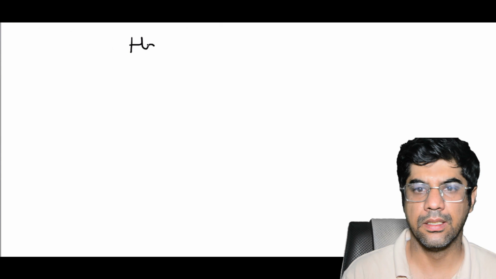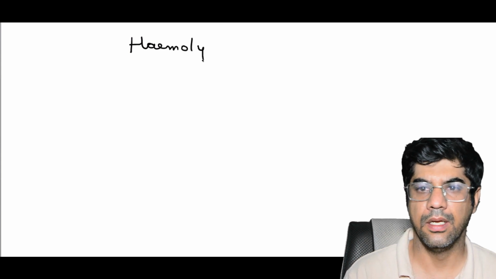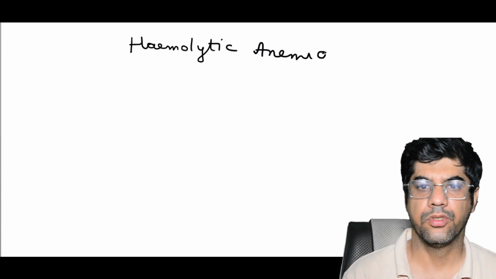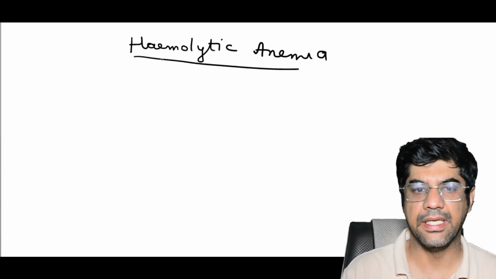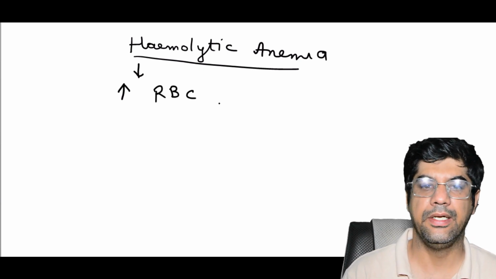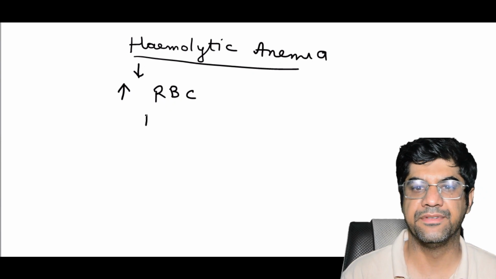Next, we are going to discuss hemolytic anemia. It is a condition where you will see there is accelerated destruction of RBC that leads to their decreased lifespan.